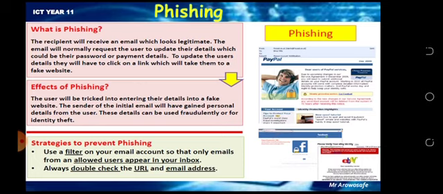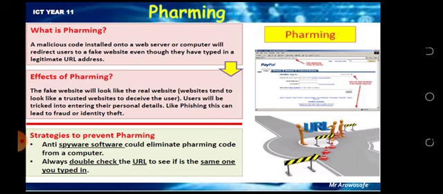Good. Now let's move to the next slide. Pharming. What is pharming? Pharming is malicious code installed onto a web server or computer that will redirect users to a fake website, even though they have typed in a legitimate URL address.